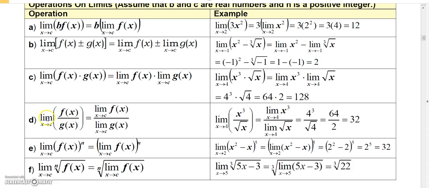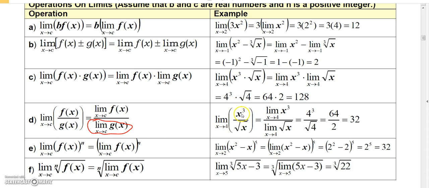Now, there's also a property for the limit of f of x divided by g of x, and the limit of a quotient is the quotient of the limits. Now, there's one thing I left off on this one. As long as this limit that I'm circling doesn't equal 0, then this would be a true statement. So just keep that in mind.